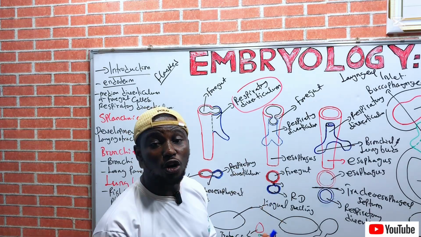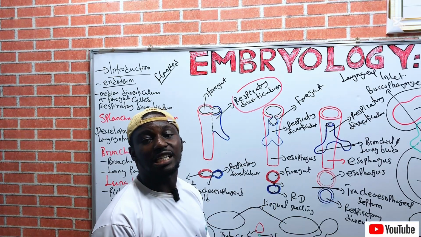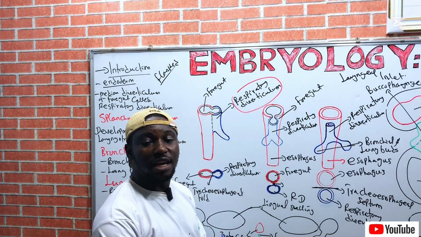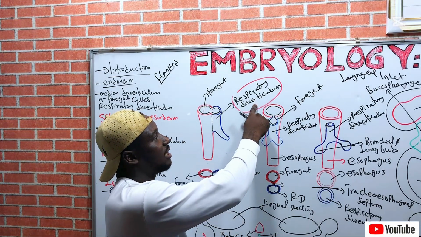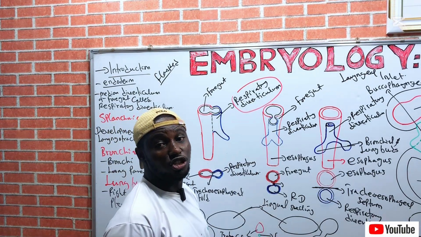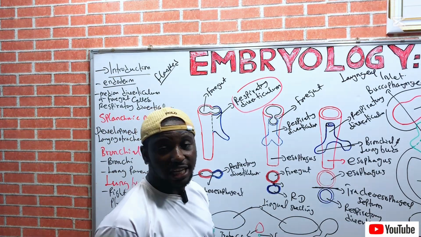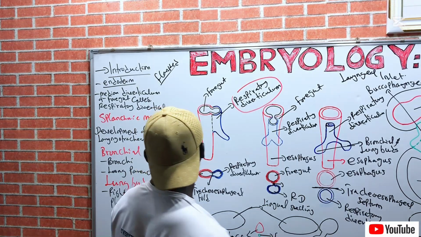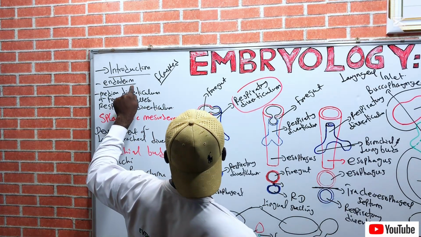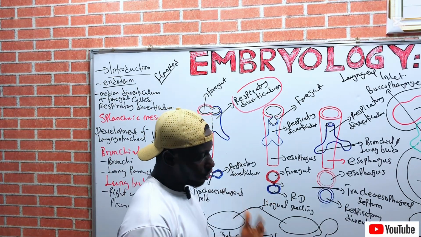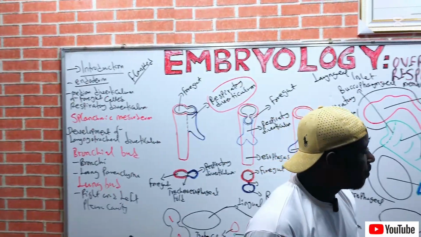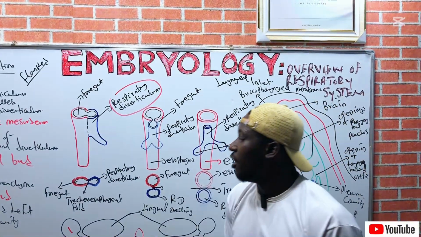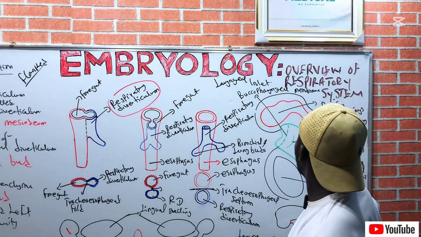So the whole origin of it is from the foregut, giving off the respiratory diverticulum or the laryngotracheal diverticulum. Recall that it is purely endodermal in origin, right? So that is all about the overview of the development of the respiratory system.